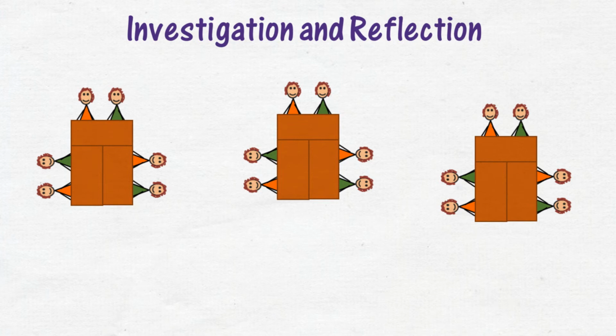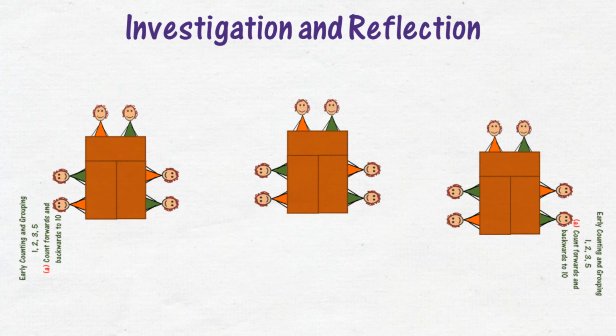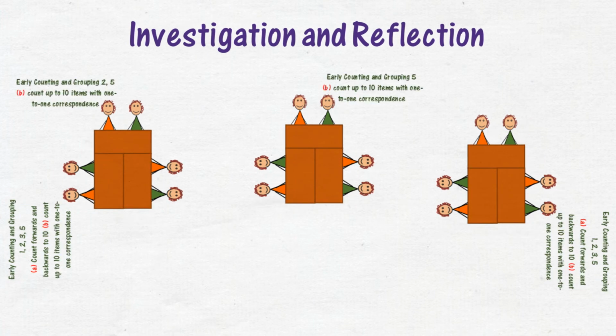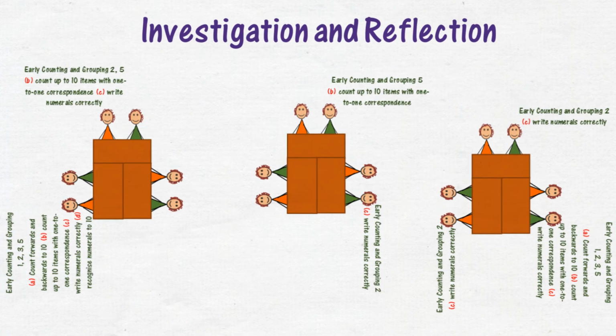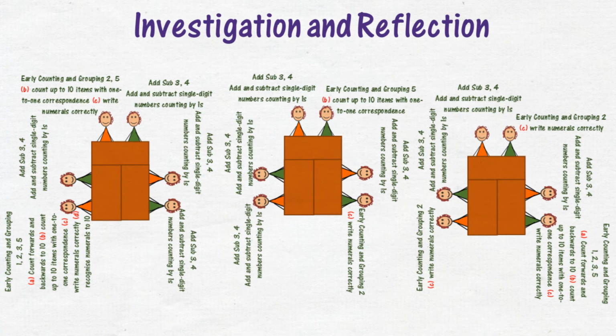All students can sit next to a child who is investigating at a different level. For example, A, friends of 10, 20 and any decade, 2-digit place value. B, adding and subtracting single-digit numbers using place value. C, counting by tens on the decade, and adding and subtracting tens numbers counting by tens.